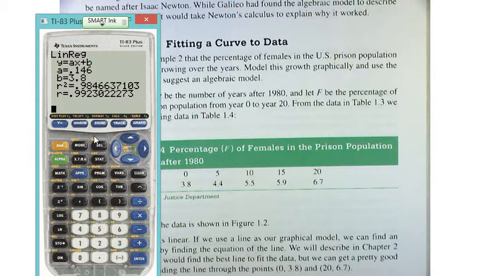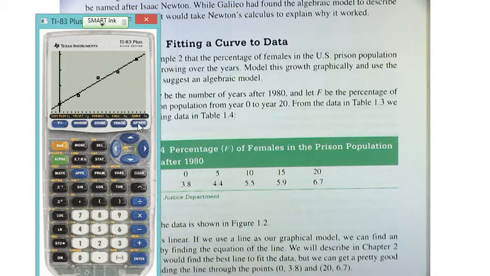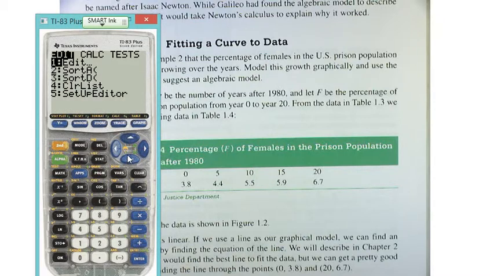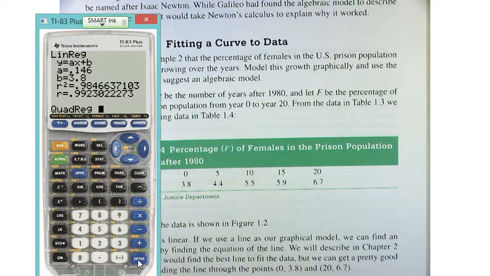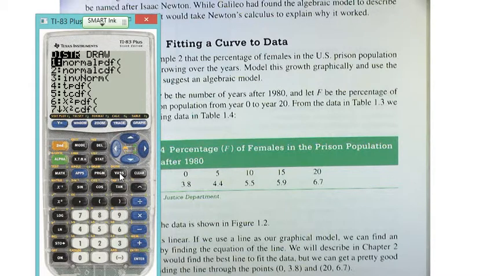Alright, so let's look at that graph. Now here's the thing, because it's such a small amount of space, maybe it is a quadratic. Maybe it's something else. So let's try just to see which one it is. So now if I go to the calculate menu and I do a quadratic regression, and again I'm going to select Y vars. Oops, I didn't want that.